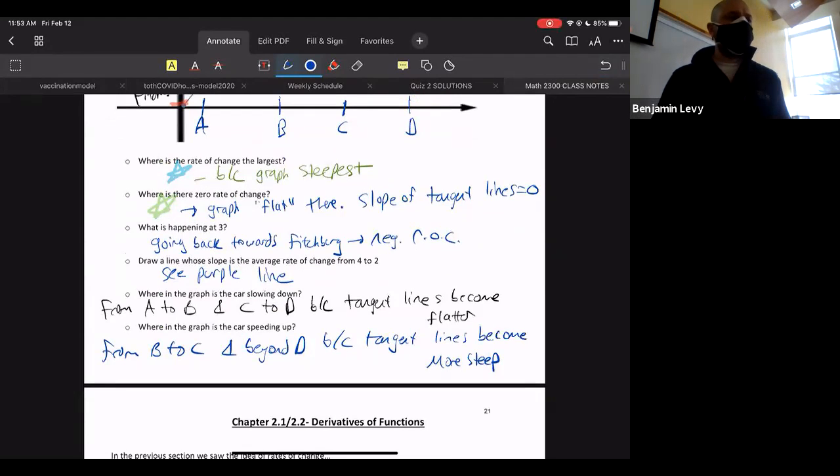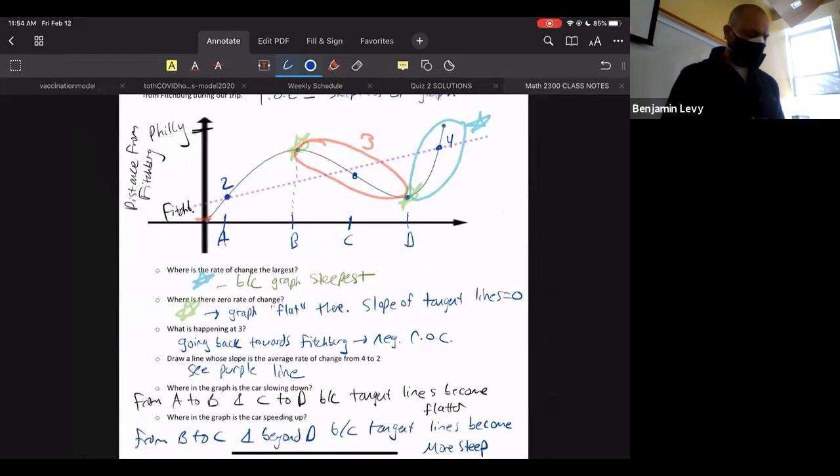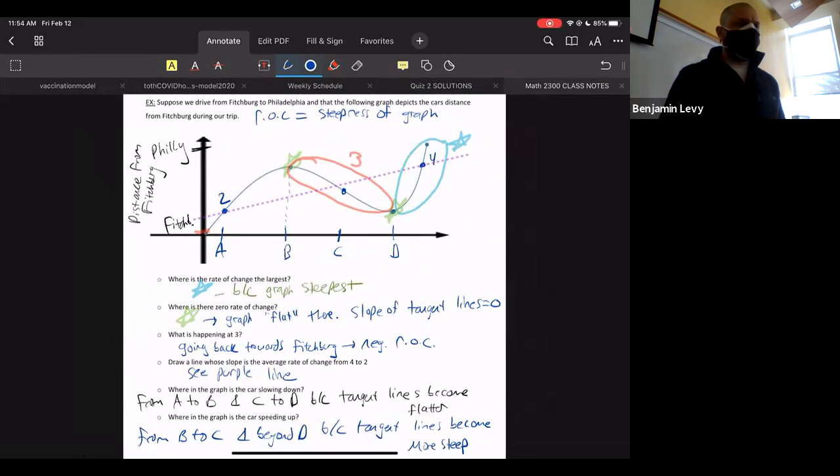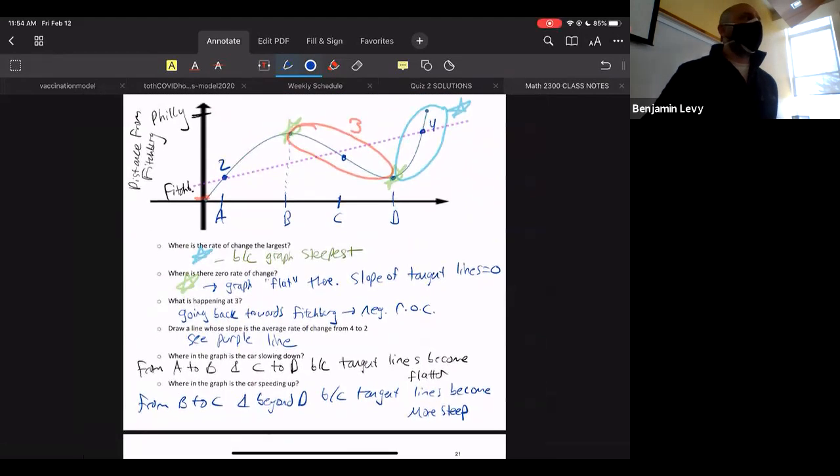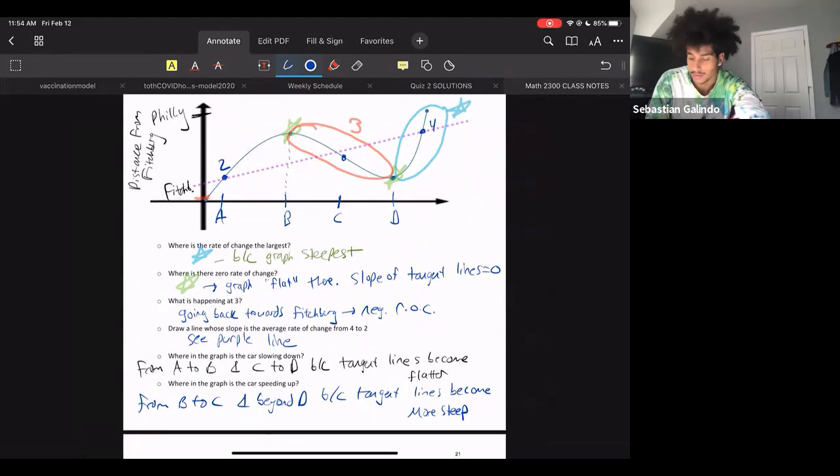Some questions? Anything? How are we doing here? Did you decide where to put 2, 3, and 4?